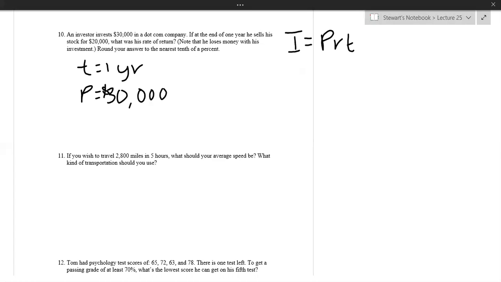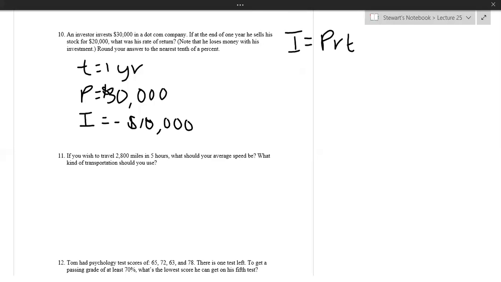Now, in order to find how much interest he accrued, it says he sold his stock at the end of the year, or his stock at the end of the year was worth $20,000, which means that his interest, or the difference of those, would be negative $10,000, because he lost money. So the interest is not positive. The interest is only positive if you gain money, but it's negative if you lose money.